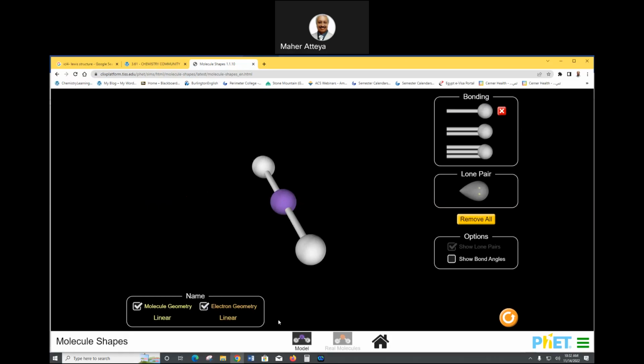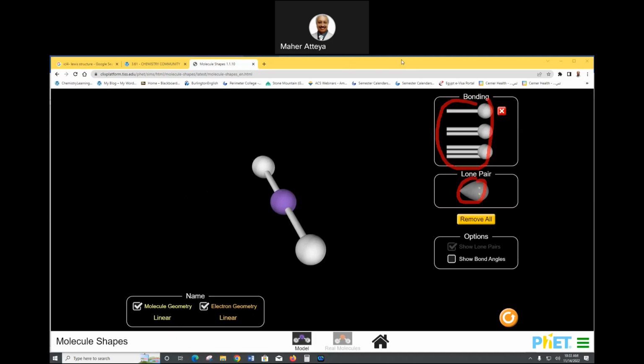What's the difference between molecular geometry and electron geometry? Somebody tell me what's the difference between them? Well, it turns out for molecular geometry, you ignore all the lone pairs. See here, these are lone pairs. And these are single, double, triple bonds here, correct?